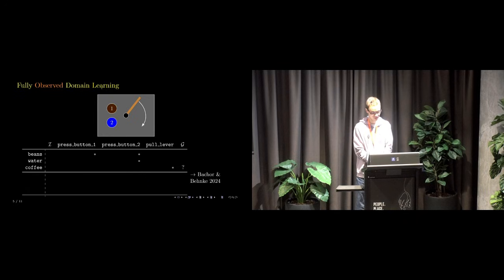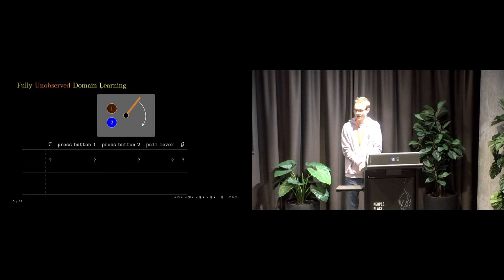Now, the fully observed case already has a publication by my co-authors at AAAI. And now we look at the fully unobserved case. Then the input is just press button 1, press button 2, pull lever.